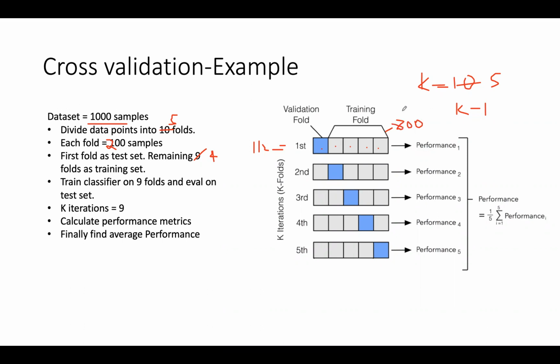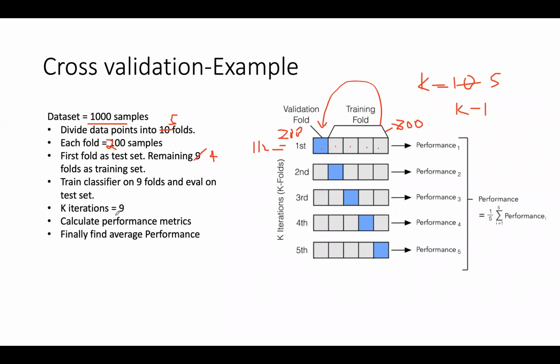We train our model on these 800 samples, then test it on this test set, which has 200 samples because each fold has 200 samples.